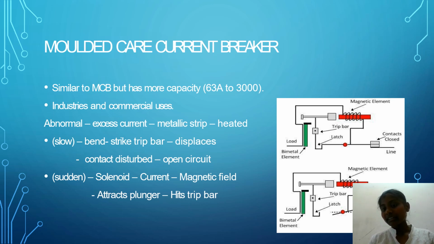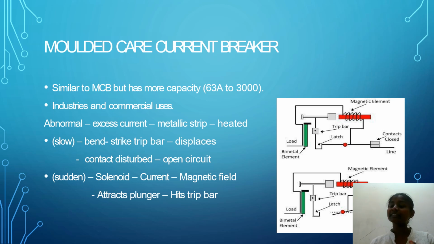The trip bar is disturbed, which is connected to the connection, so the trip bar is displaced and the connection will break. This results in the closed contact becoming an open contact. When the contact is open, no current will flow, so our load will be safe. So this is what happens when the current is slowly increased.